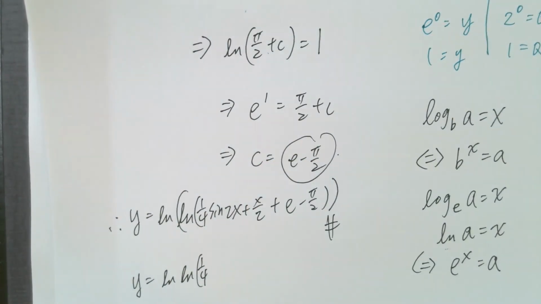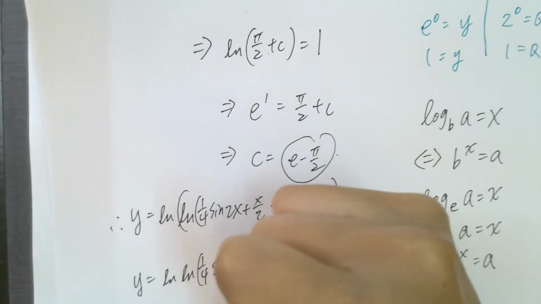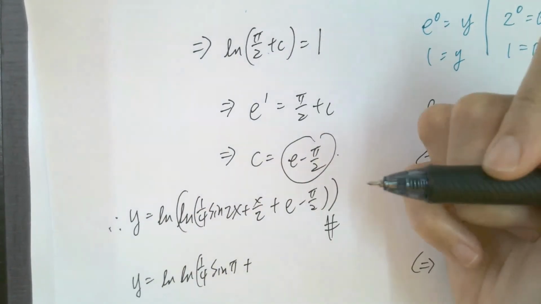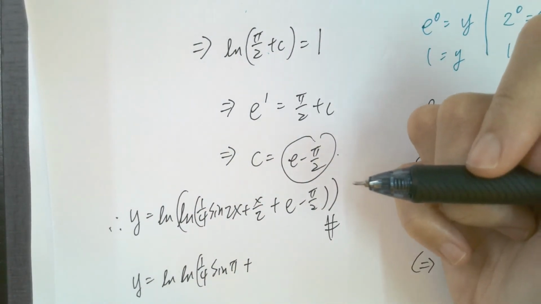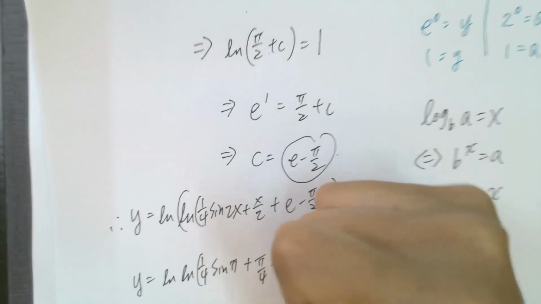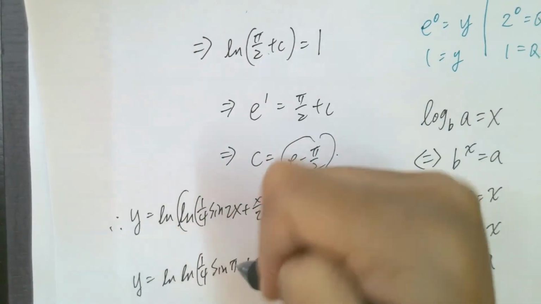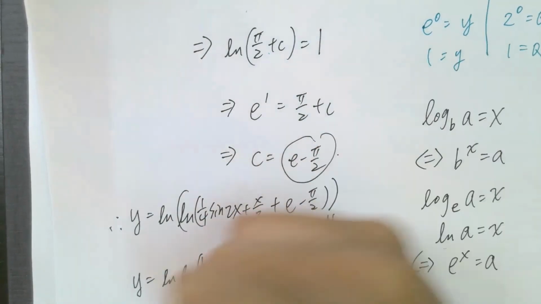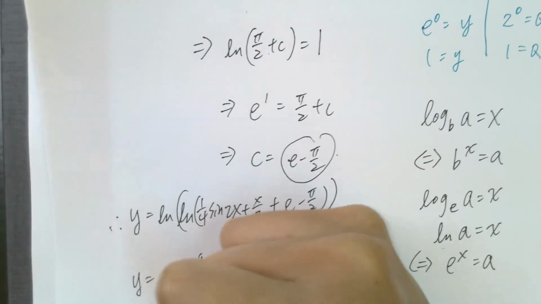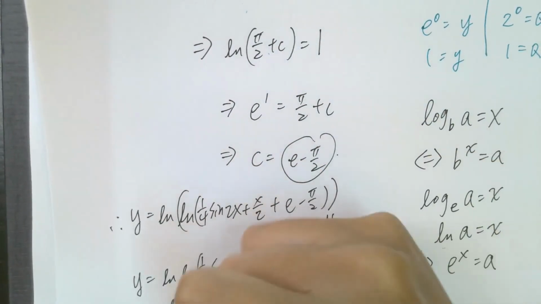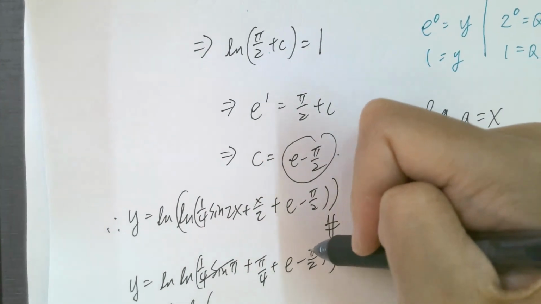So this is just pi over 2 divided by 2, pi over 4, plus the same old constant. And the sine of pi, of course, is 0, so we've got ln of e minus pi over 2 plus pi over 4.